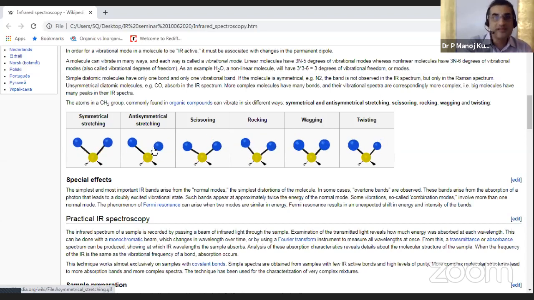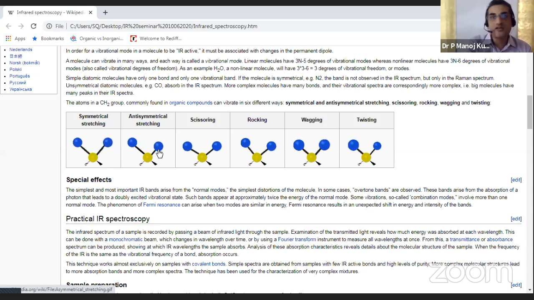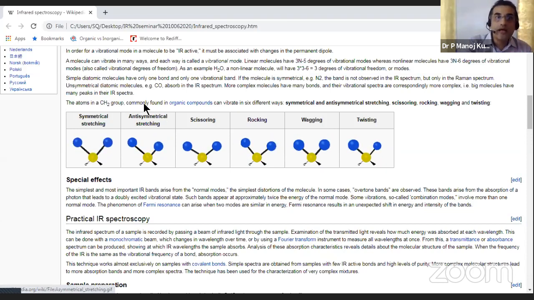Whereas in anti-symmetrical, in one case it will be lengthier, in another case shorter. And always this asymmetrical stretching requires more energy, or it will always occur at a higher frequency when compared with that of a symmetrical stretching. So this is about stretching vibrations.